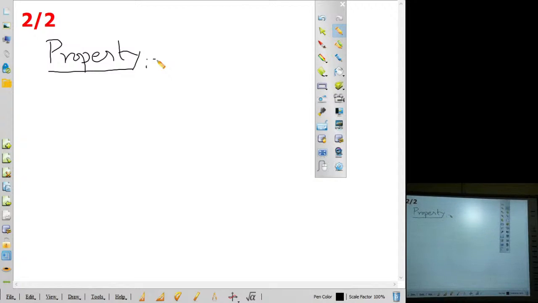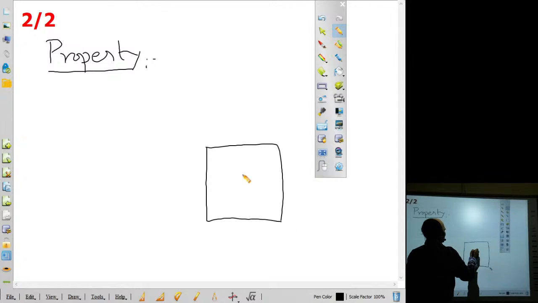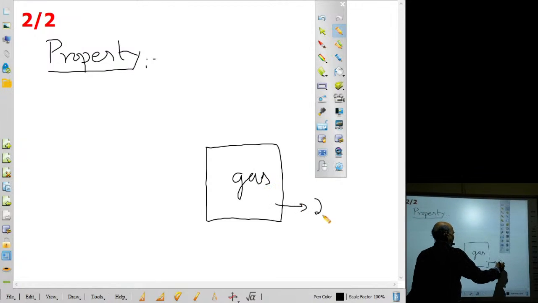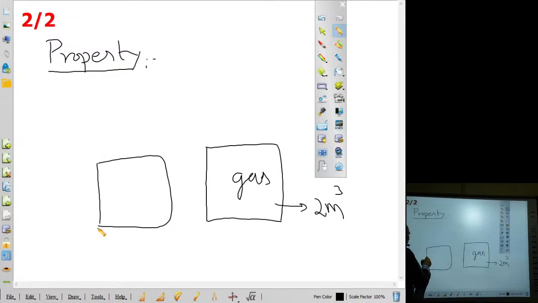Just check up. Let us take a chamber, and inside that chamber, it is filled with gas. Let us say that this gas will have some volume, and that volume is 2 meter cube. Then, in this container, you remove 2/3 of the volume.